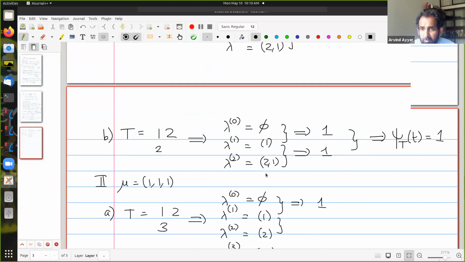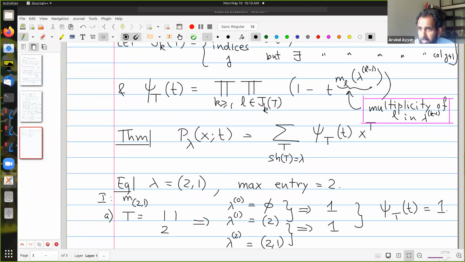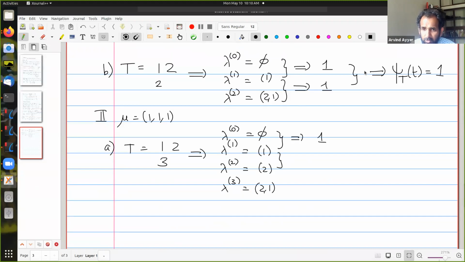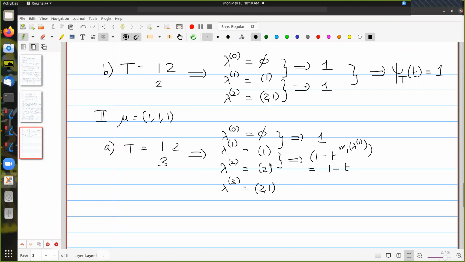Because I have to take in lambda k minus 1. Okay, so here I get a factor of 1 minus t to the m1 of lambda 1, which is 1 minus t. Because in lambda 1, which is this, the multiplicity of 1 is precisely 1.